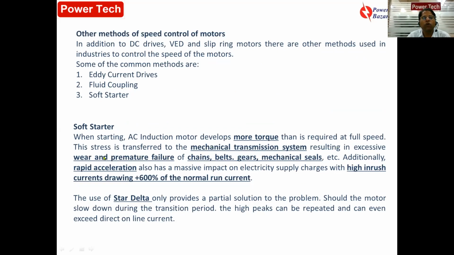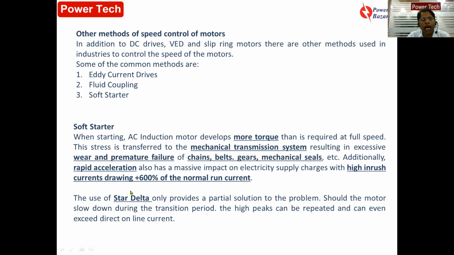That leads to wear and premature failure of chain, belt, gear, and mechanical switch. Stress is developed, and this gives rise to rapid accelerations, because the starting current is very high. That is known as high inrush current, which is almost 6 times the normal run current.